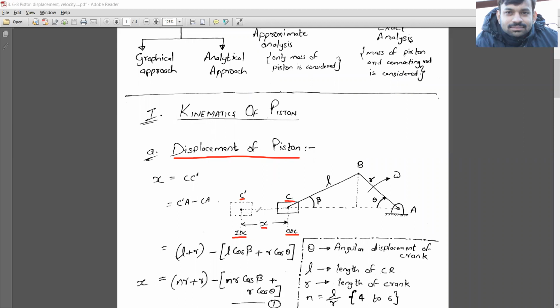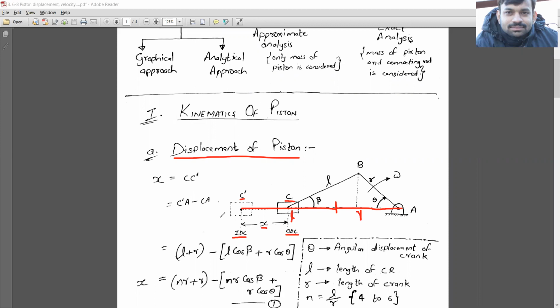When the piston was at C dash, this point B would have been somewhere over here, and this would have been your R, and this would have been your L.